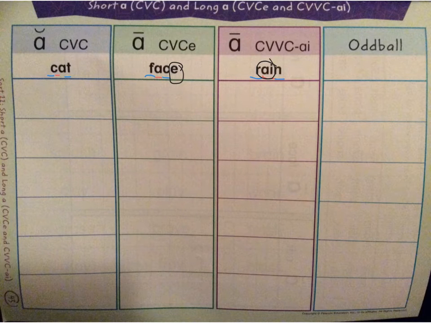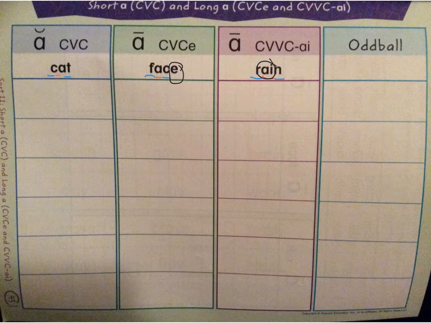And then there's going to be two oddballs in our sort. So they might have the A-I, but they don't make the A sound. Or they might have the A standing alone, but they don't make the short A sound like in apple.